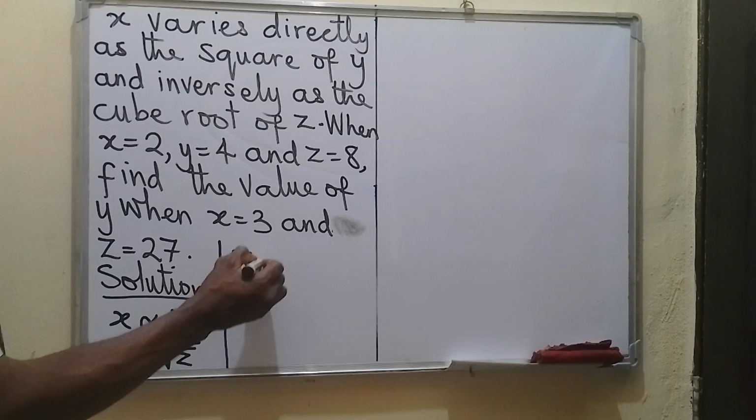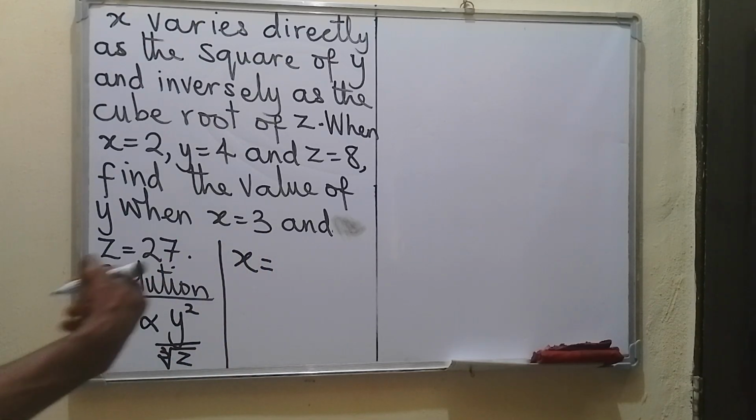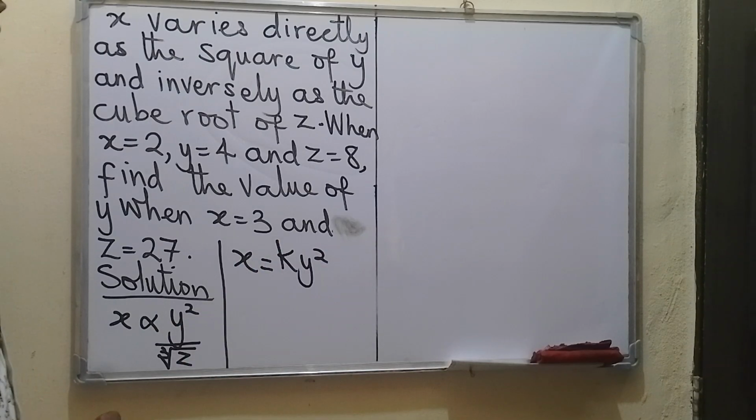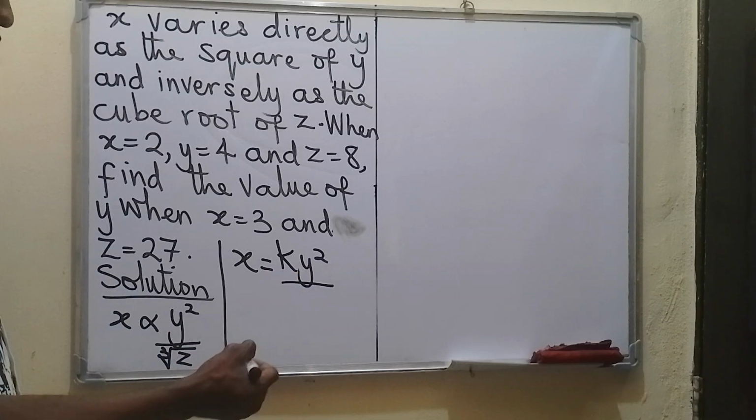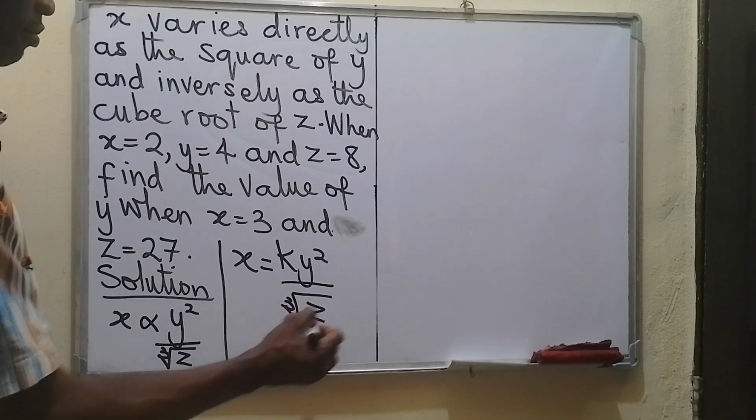So we get x is equal to, and as we change it to an equality sign, we introduce a constant of proportionality, or constant of variation, k, all over the cube root of z.